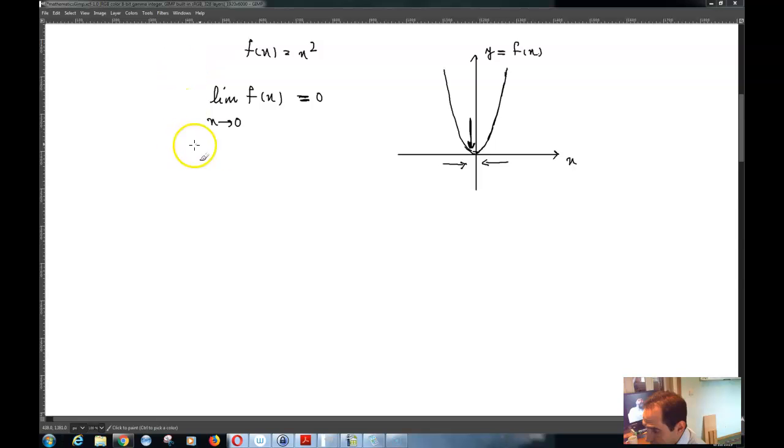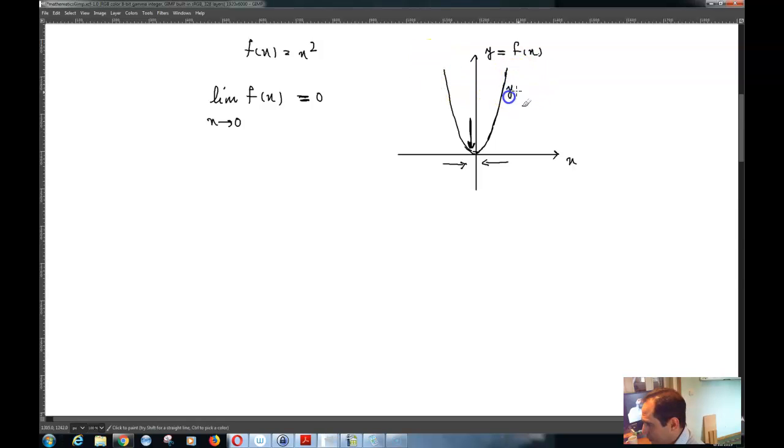Right now we have to take things a little bit, I mean, we are not going to define anything. Based on this situation, you can see that as x gets very close to 0, y is also getting very close to 0, and so mathematically we describe this situation as the limit of f of x.